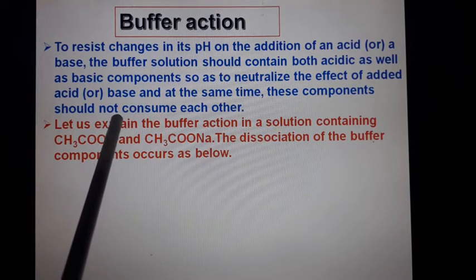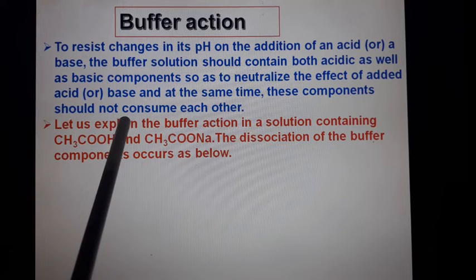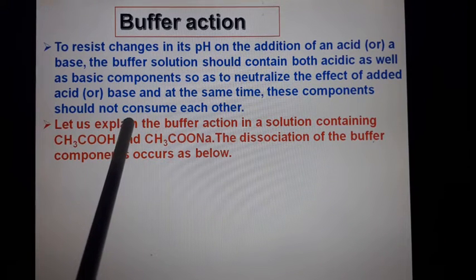These components should not consume each other. No action takes place between the acid and base components. Okay, this is the example.